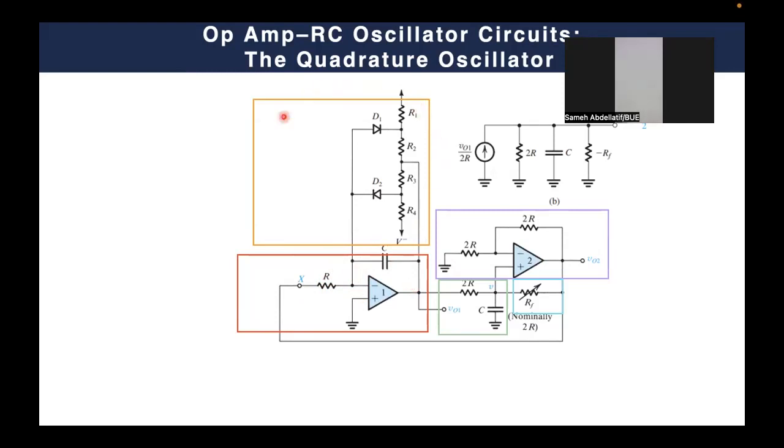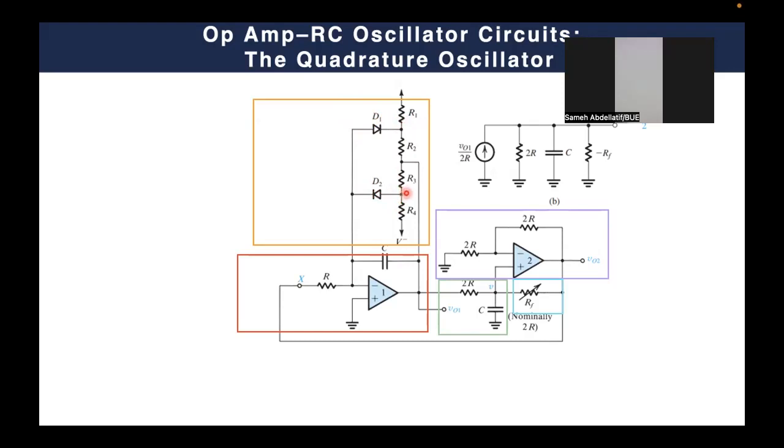But what may be a challenge is this network. How will this network perform? It's very easy. When the difference between these nodes, which previously we called A and B, if you remember from the previous recording, is smaller than 0.7, then the diode is an open circuit.